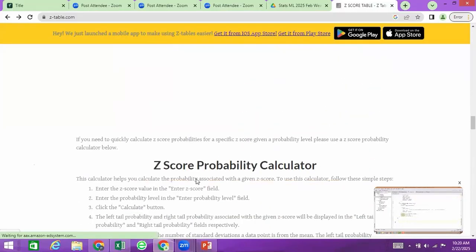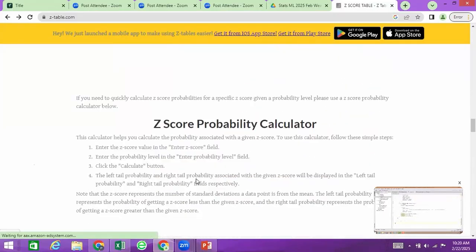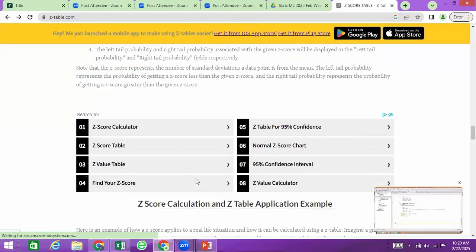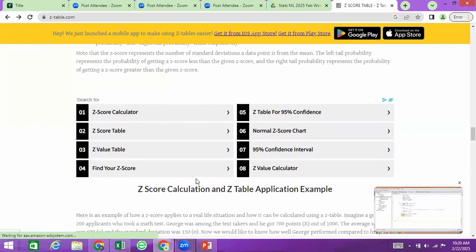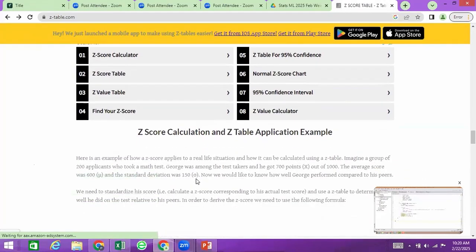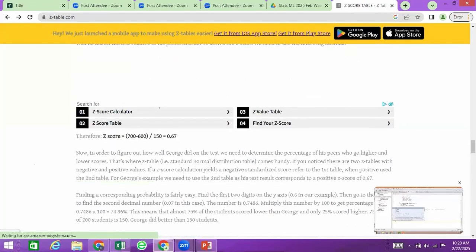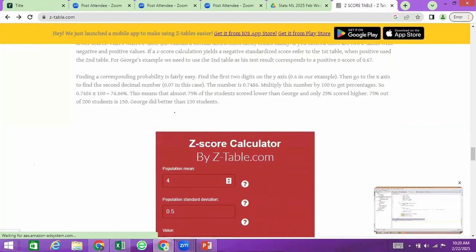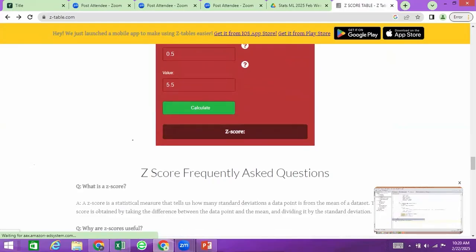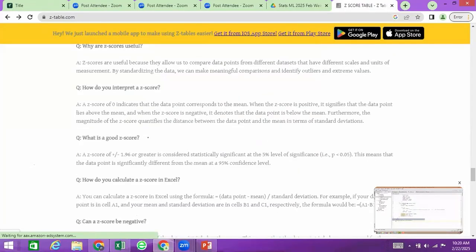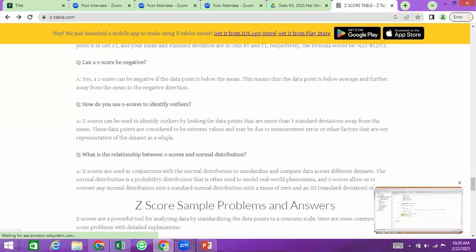Yeah, this one. Yeah, right. So 0.33 is this, 0.6293, which is associated with a probability value of 62.93%.